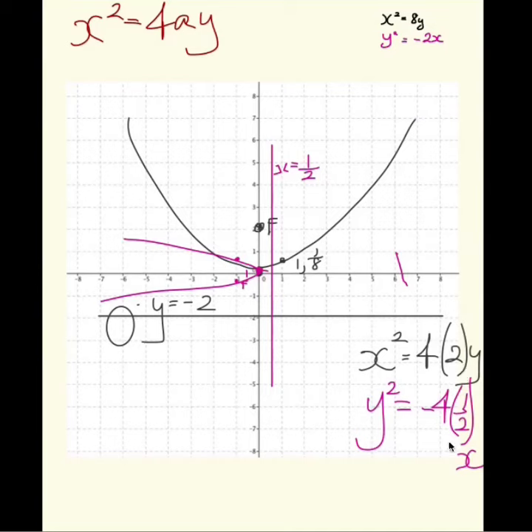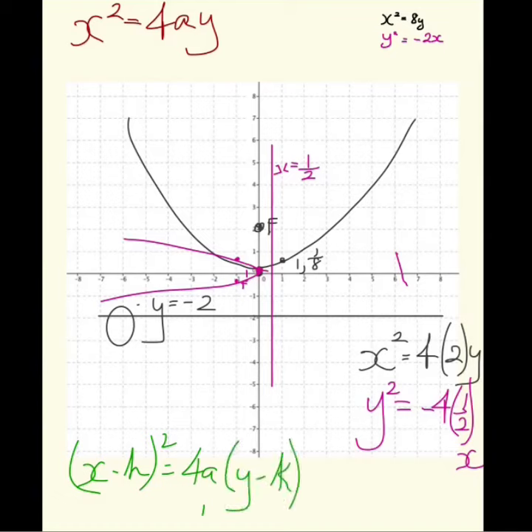I'm just going to give you a 30-second intro now, and then we're going to look at a second video, at a parabola that's off the vertex. What we would see when we have something off the vertex down the bottom here is x minus h squared equals 4a(y minus k), and the h and the k represent the coordinates of the vertex.